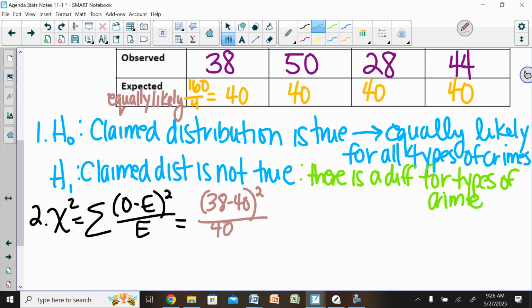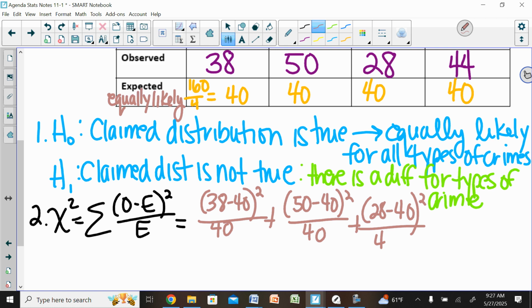You always repeat that second number, plus 50 observed for my property crimes, but 40 expected, plus 28 observed for my drug use, again 40 expected, plus 44 were observed for driving under the influence over my expected. So 4 pieces.